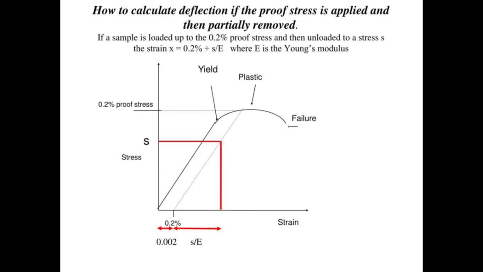Initially, the rod is clamped in the chuck and a gradual load is applied. Due to the gradual loading, the bar gradually gets extended.